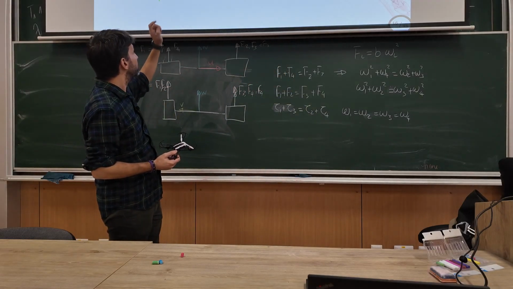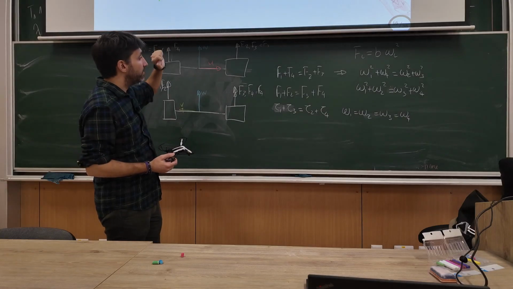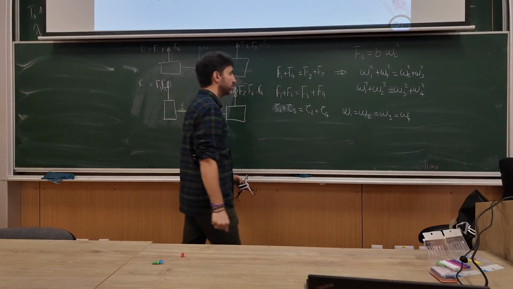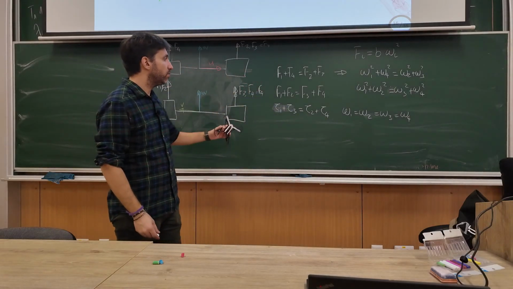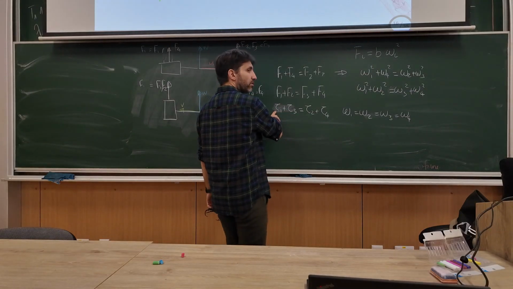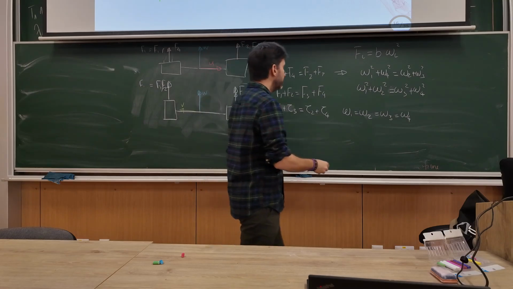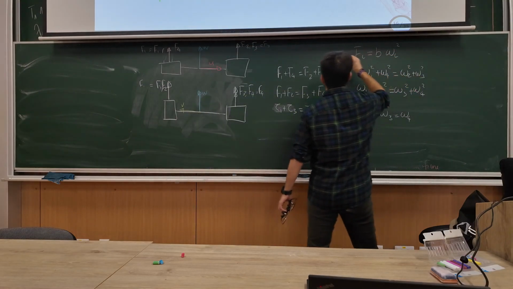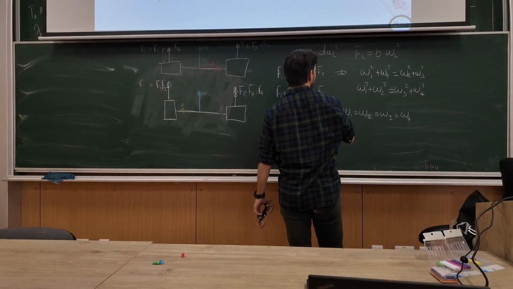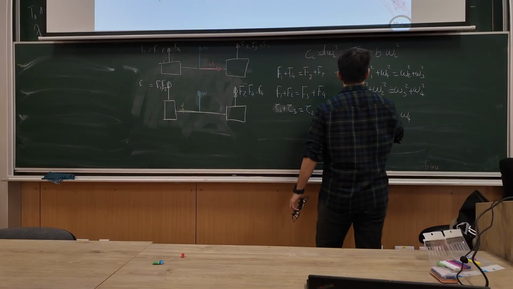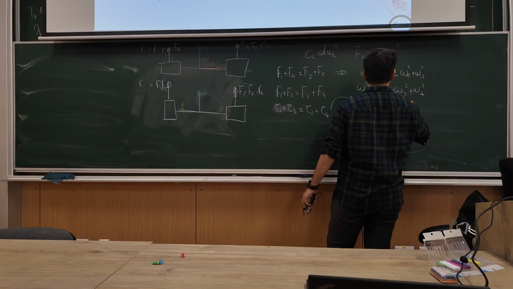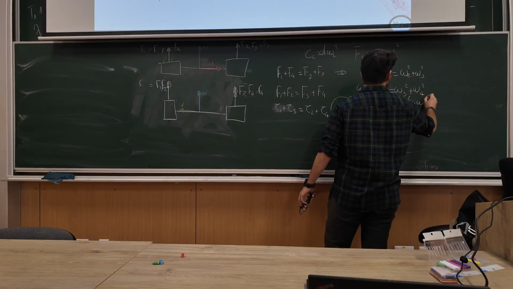Because torque 1 and torque 3 are in the same direction, and they have to cancel these torques, right? So I have an extra condition here. Again, the torque was d omega squared, so torque i is d omega i squared, so this will be omega 1 squared plus omega 3 squared equals omega 2 squared plus omega 4 squared.